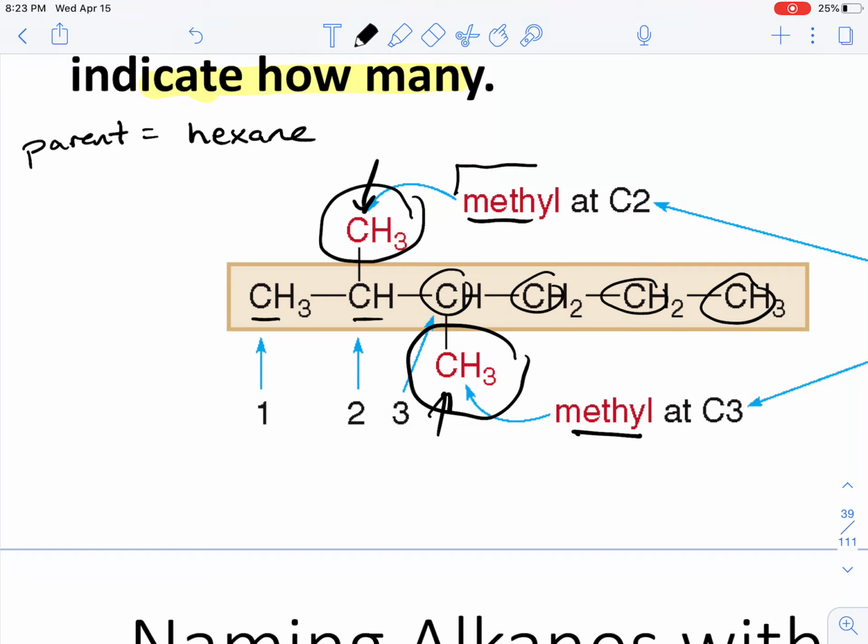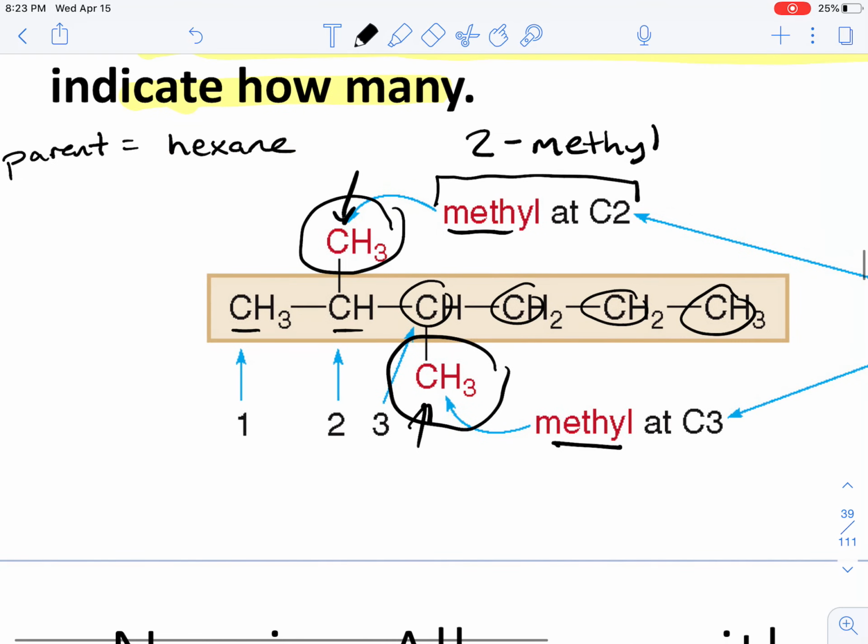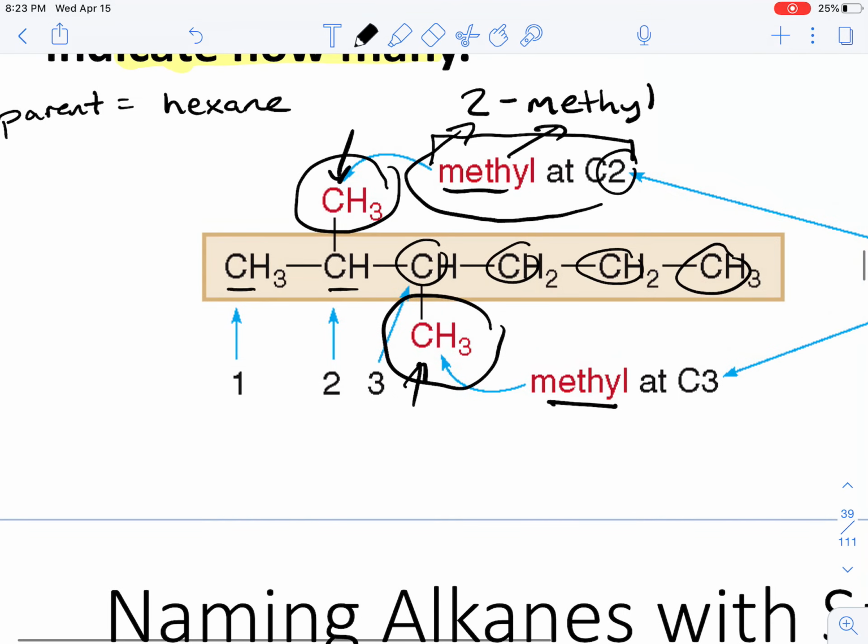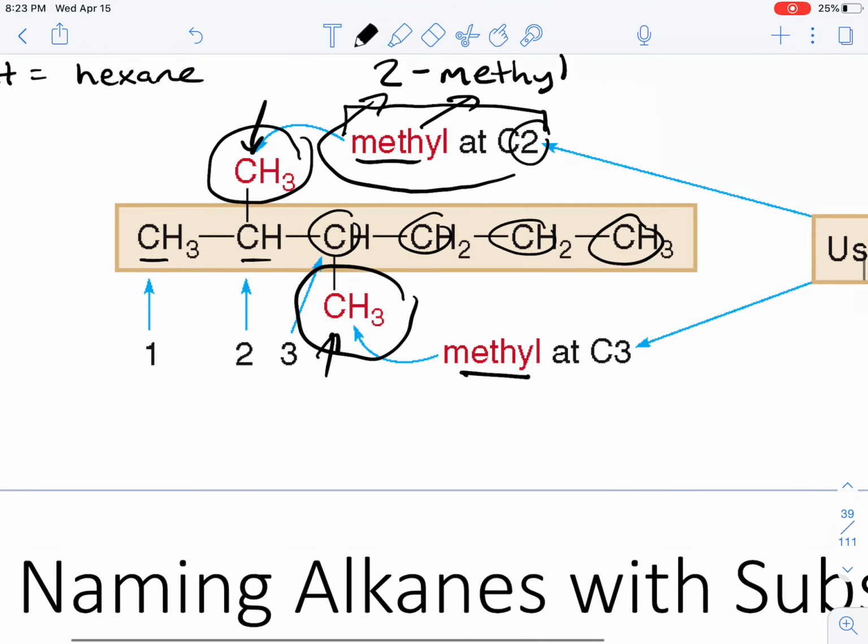And so here, we're going to put in 2-methyl. Okay, so that's where the 2 is going to go here, the methyl goes there. We're going to always separate it by a dash. And this is going to represent 3-methyl.